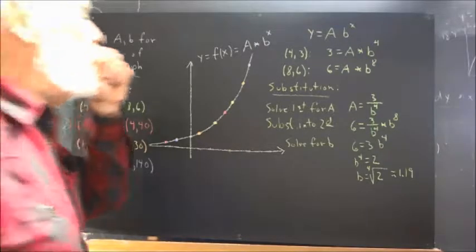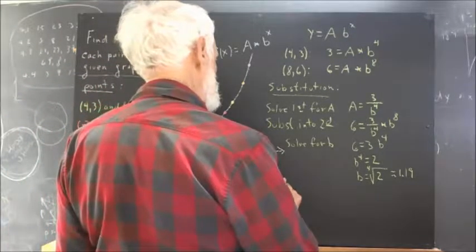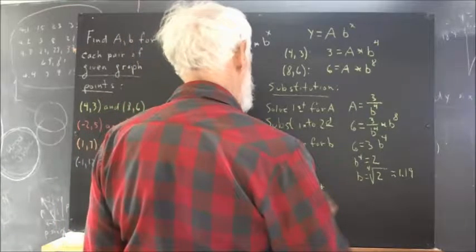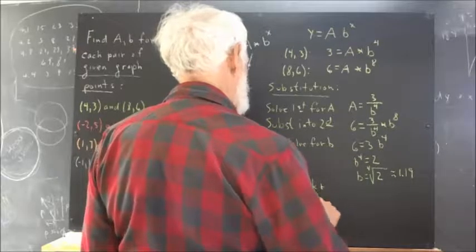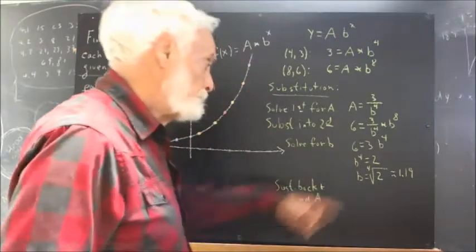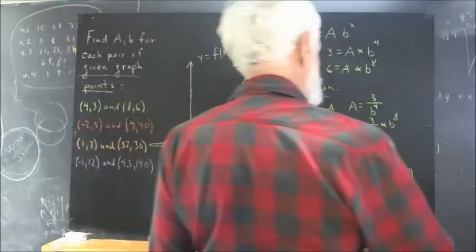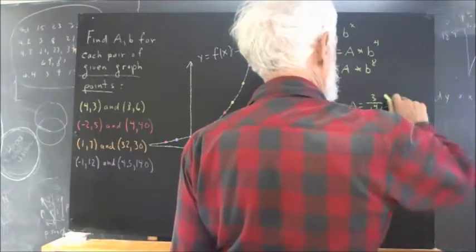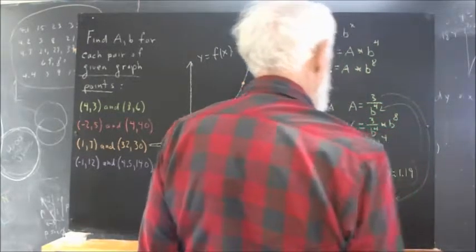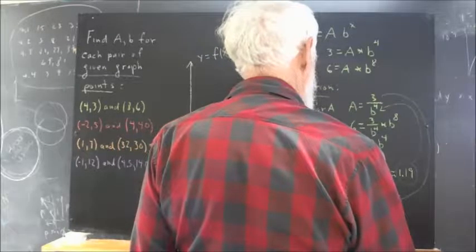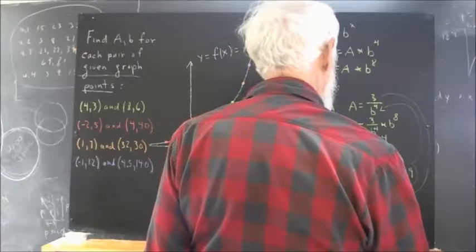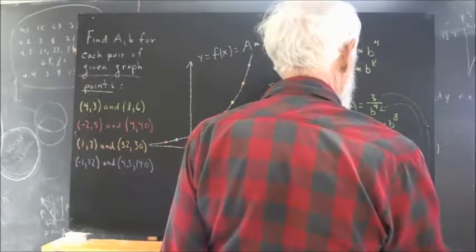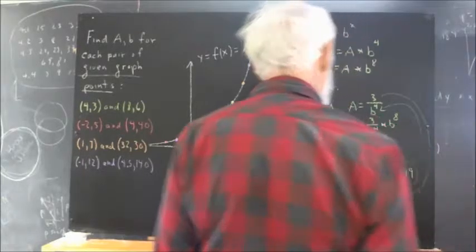Okay, well, substitute back and find A. So we can take this value of b and we can plug it in right here. And what's that going to give us? That's going to give us A equals 3 over, and actually I don't want to plug this value in, I want to plug the fourth root of 2 in.